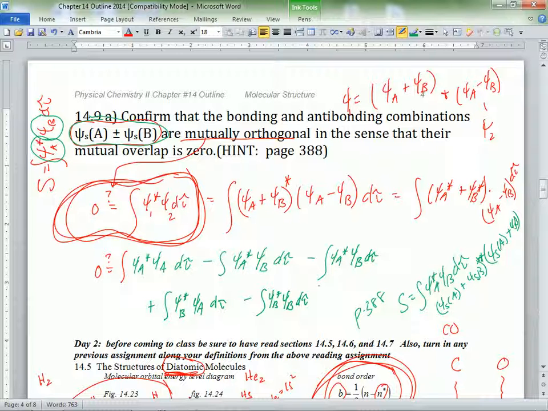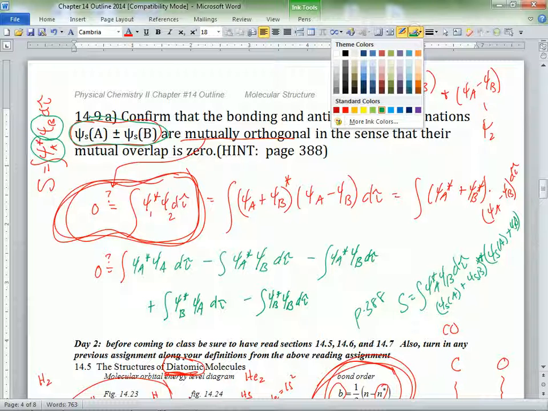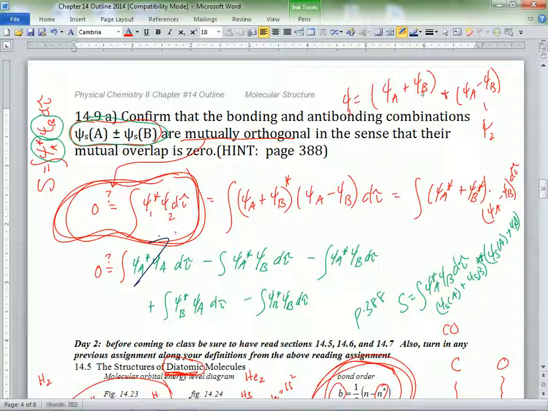What will this first integral be? Psi A star psi A. That would have to be what number? Doesn't this perfectly fit the normalization condition? If it's normalized, it has to be 1. So let's just put an arrow through it and write a 1 on there.